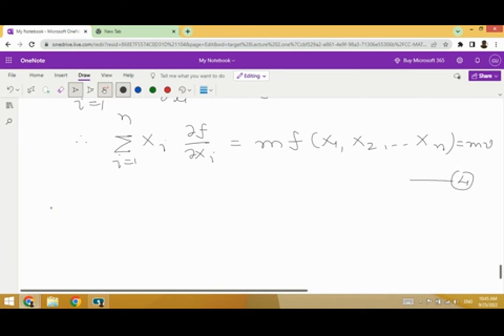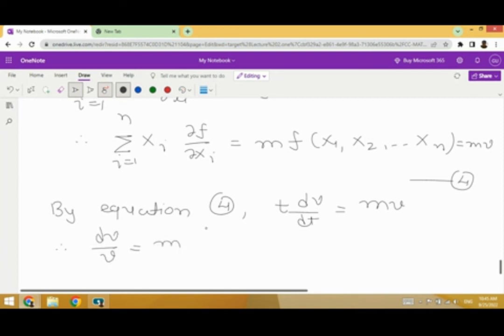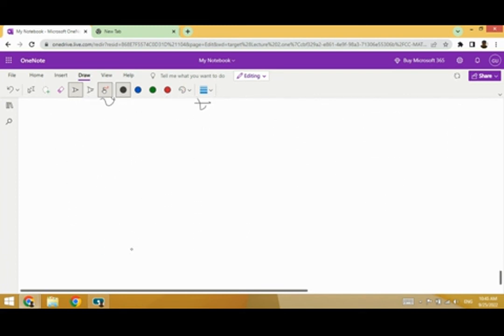Now by equation 4, t dv by dt is equal to mv. So by the rule of separation, we have dv upon v equal to m dt upon t, and we solve this differential equation by integrating both sides.